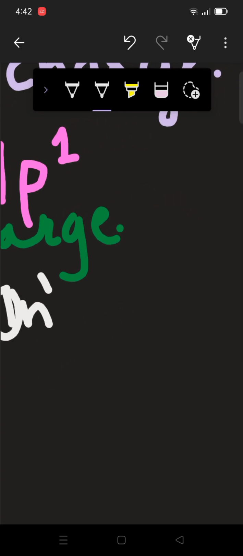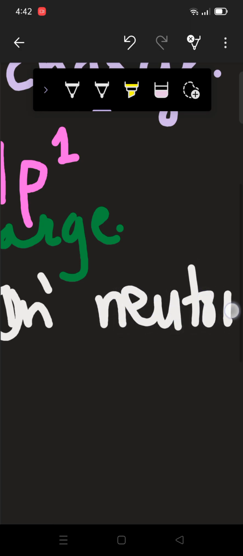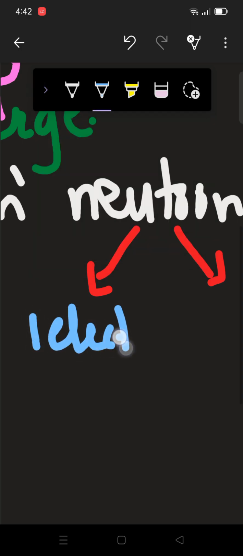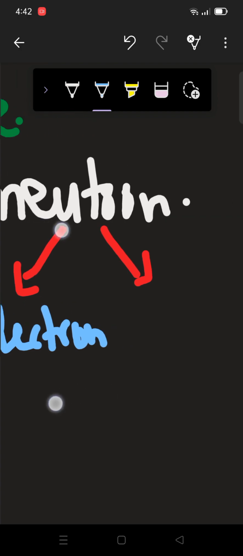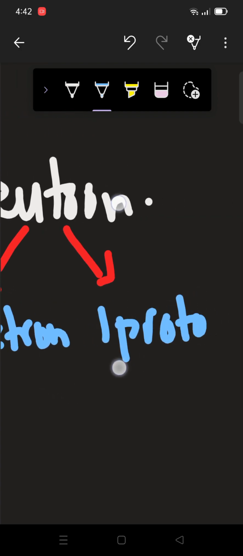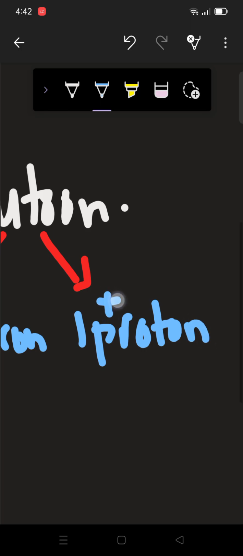Neutron is neutral basically. So basically neutron is made up of 2 particles. One electron which has negative charge, and one proton which has positive charge.